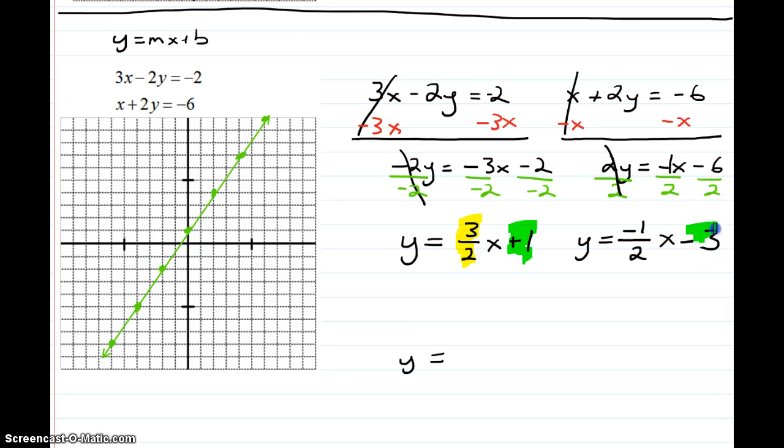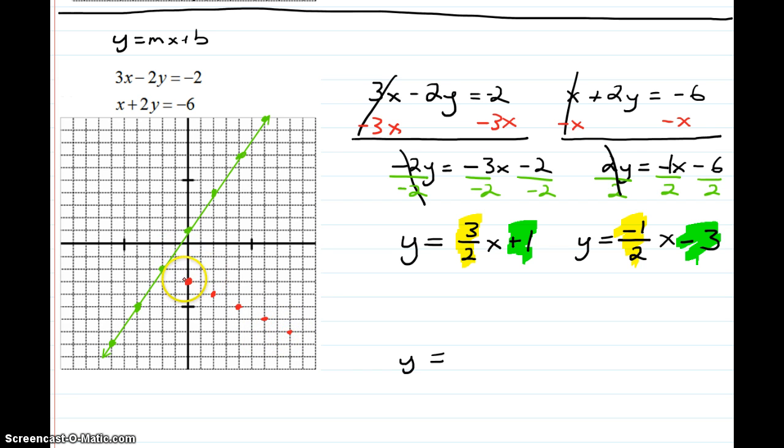Alright, so we have a y-intercept here of negative 3. And we have a slope of negative 1 over 2. So we go down 1 over 2. And right away you can see we're going the wrong way. We need to try going to the left to hit our line.